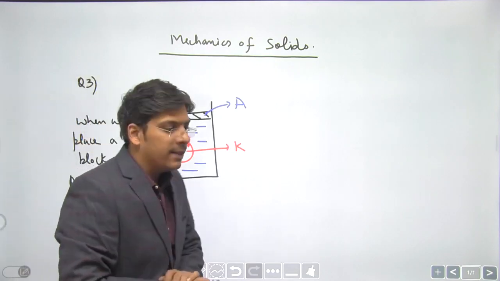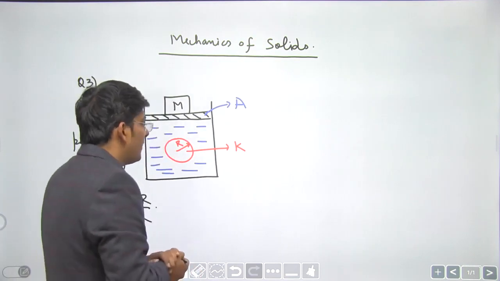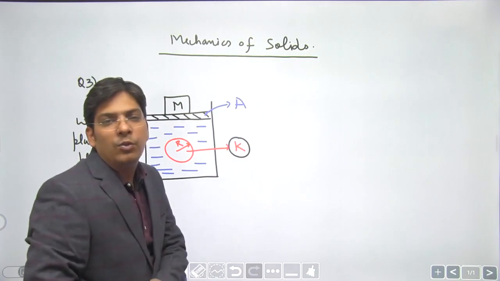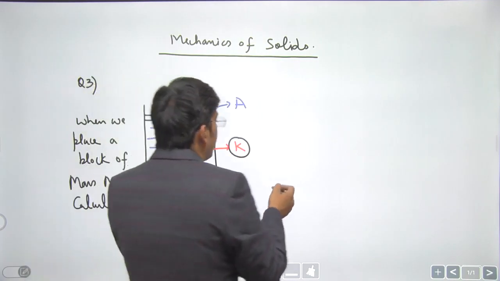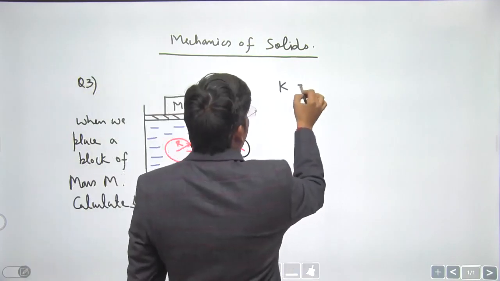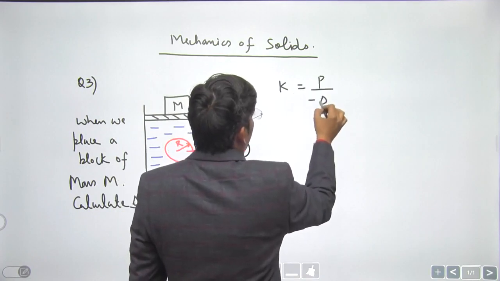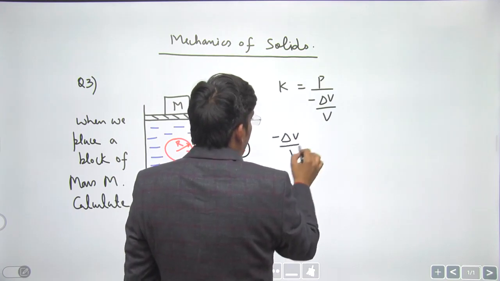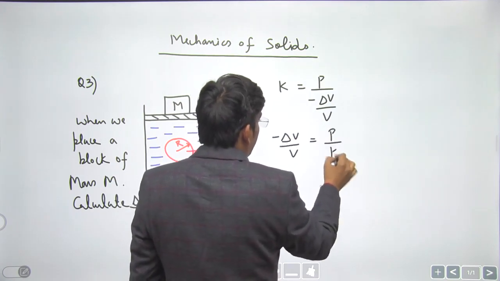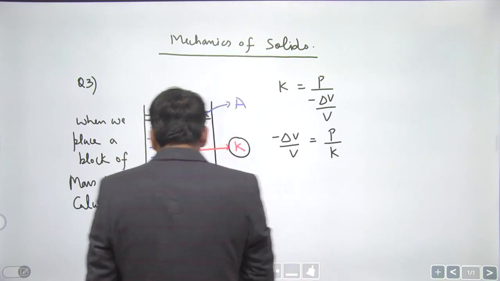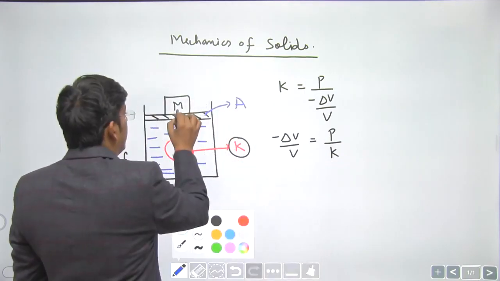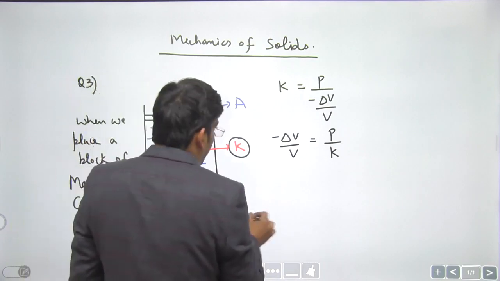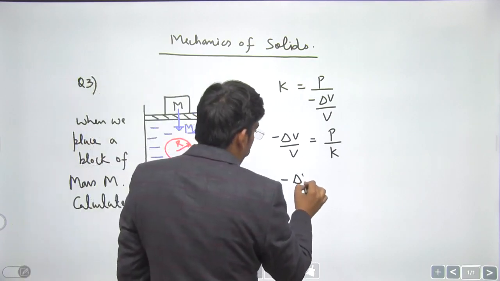So let us see, obviously we have to use the bulk modulus, which is given to be K. We have to use the formula for bulk modulus, which is, dear students, pressure divided by volumetric strain. We get minus delta V by V as pressure divided by bulk modulus. Pressure is Mg by area.